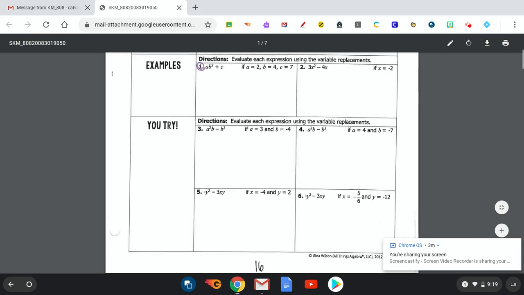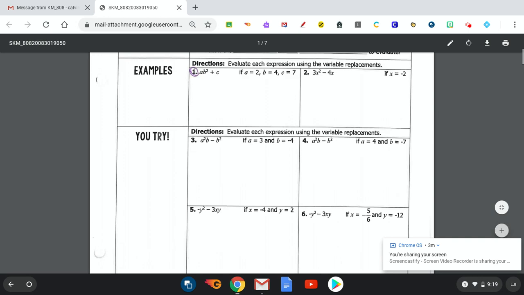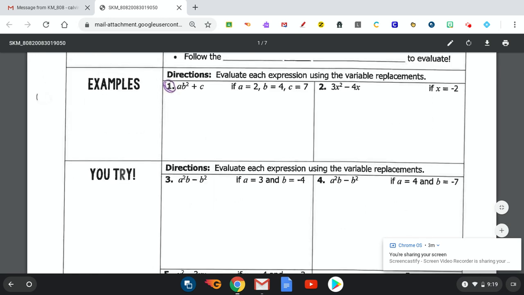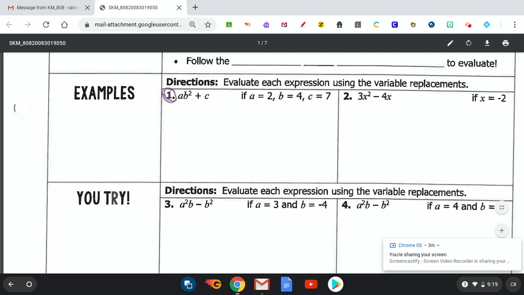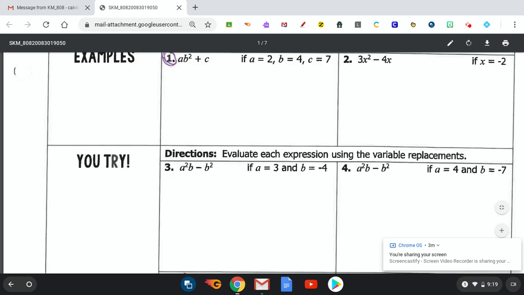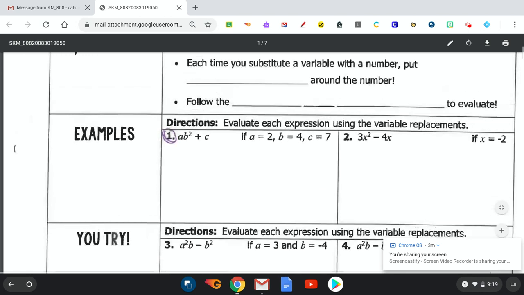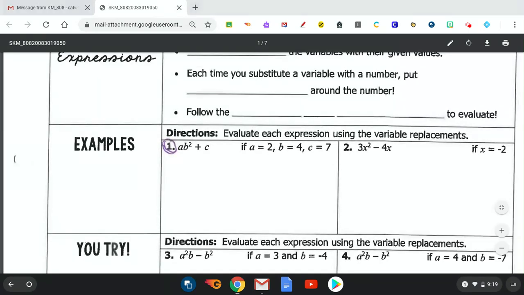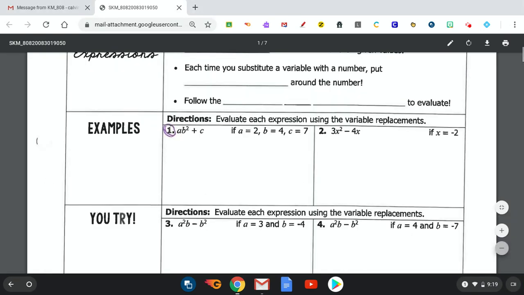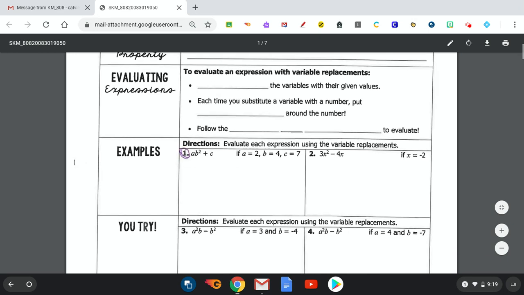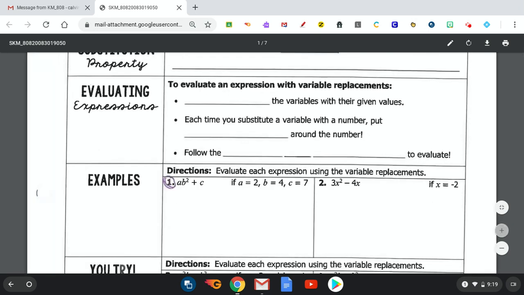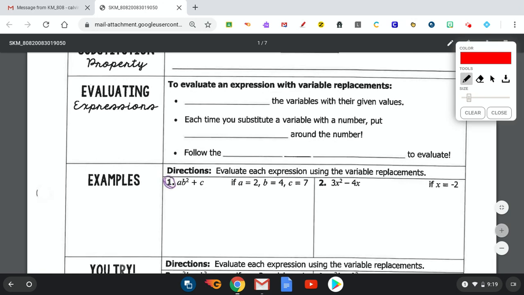Let's look at example number 1. So this is what we're looking at right here.